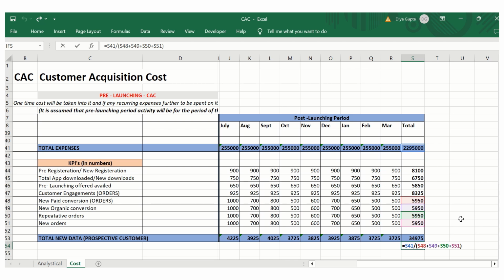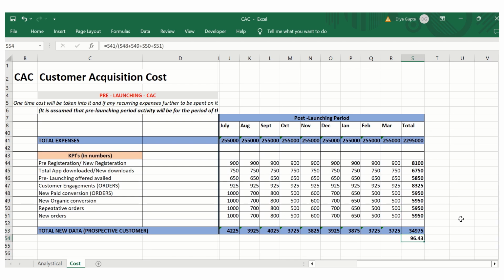So that is CAC per order. That helps me know how much I am spending, and through that spending how many orders I am getting, right?